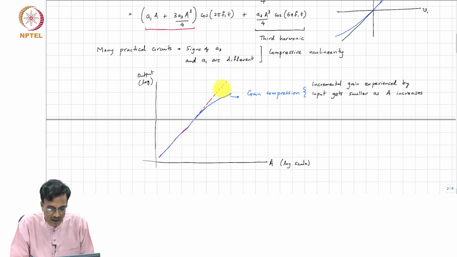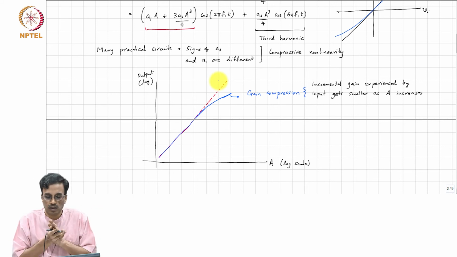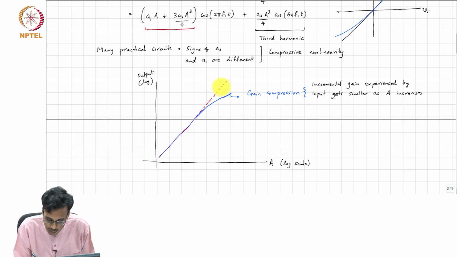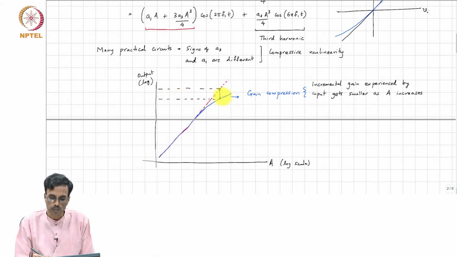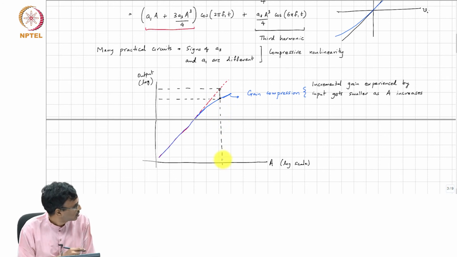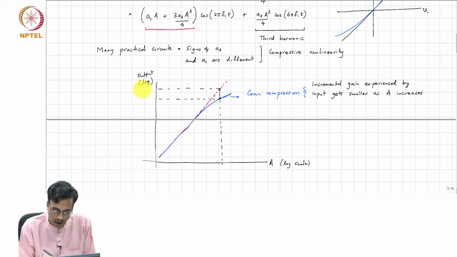If it was perfectly linear, the blue curve would never deviate from that red line, which has a slope of 1 dB per dB. If the A3 is finite, then there will be a deviation. So, people just came up with some metric. They said, well, let's quantify for what input amplitude the output amplitude of the fundamental deviates from that straight line by 1 dB, right.